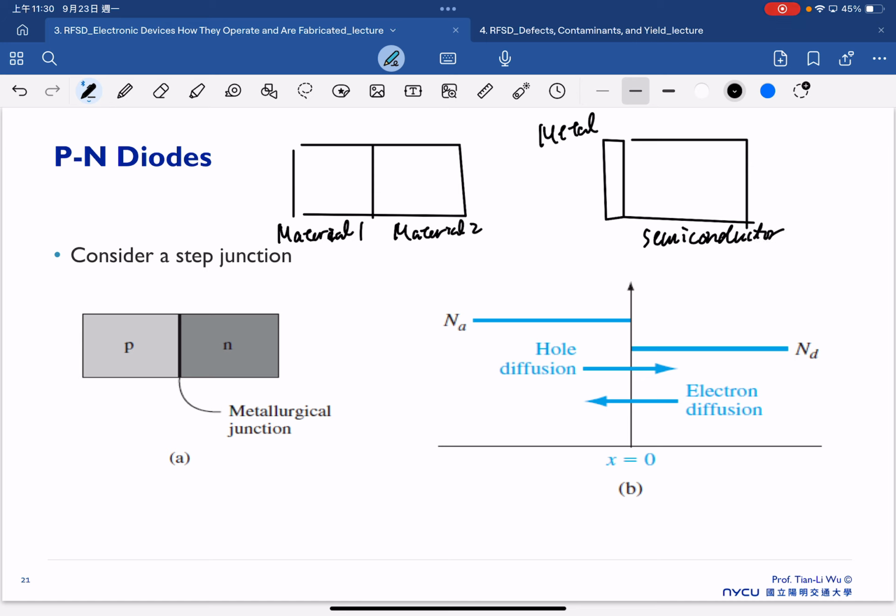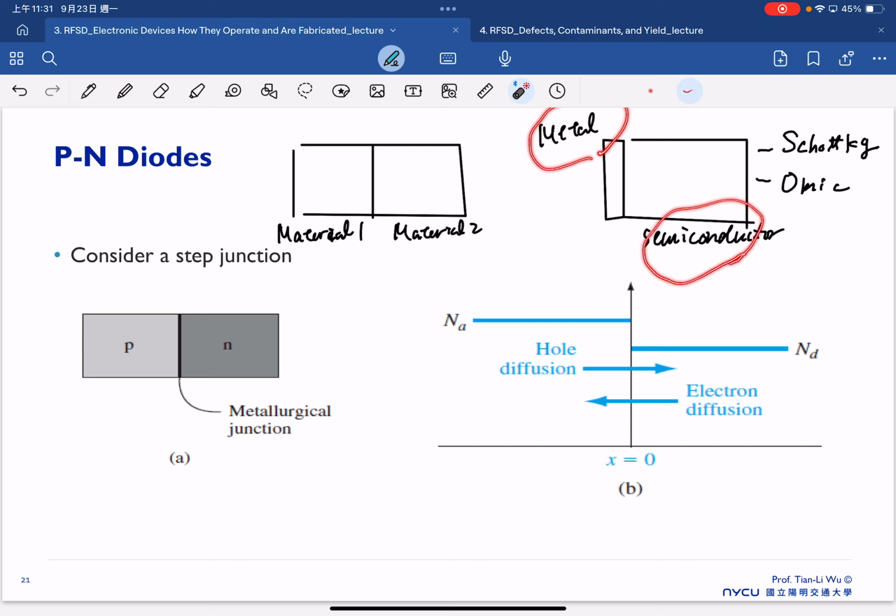This is already the case we previously mentioned, that's limited to two different kinds of characteristics. One is Schottky, another one is ohmic. So basically, if we try to put a metal on top of a semiconductor, we will form one of these two types of characteristics.